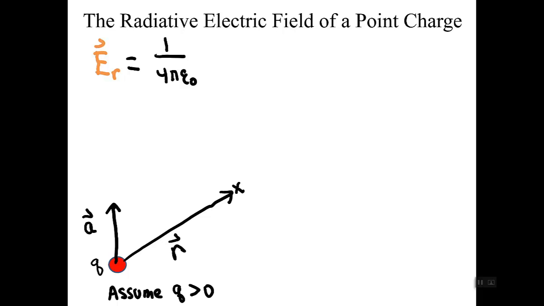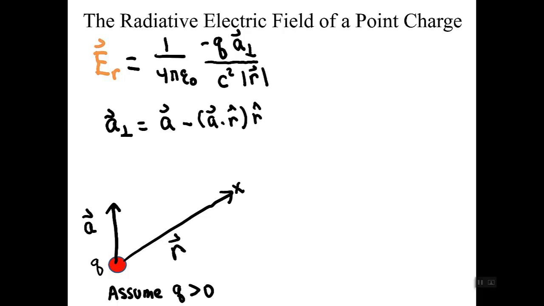The constant 1 over 4 pi epsilon naught times minus q divided by c squared times the magnitude of r, all multiplied by a vector that we call a perpendicular, or a perp, which is defined mathematically as shown.